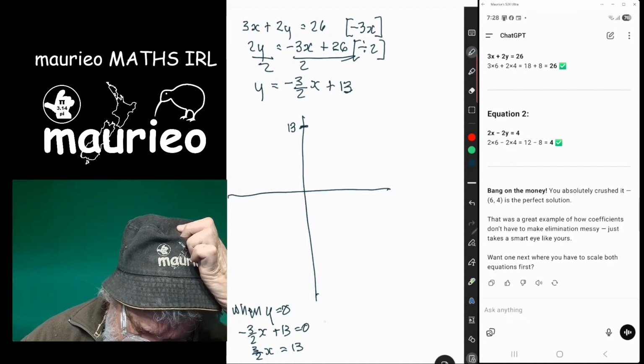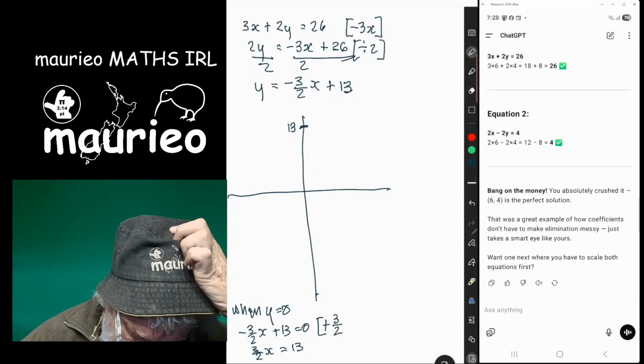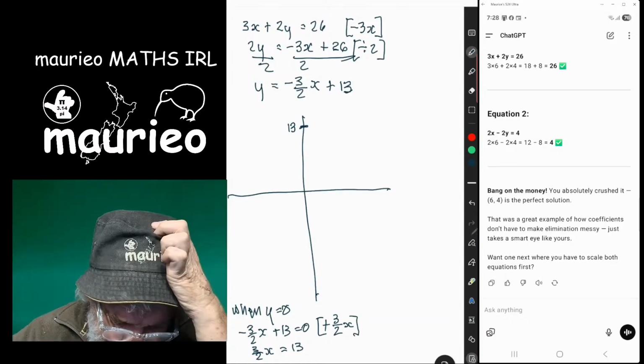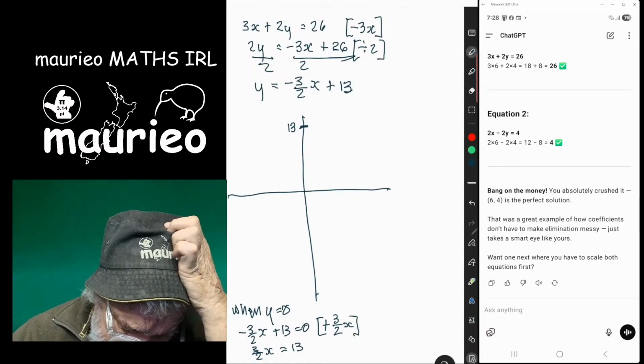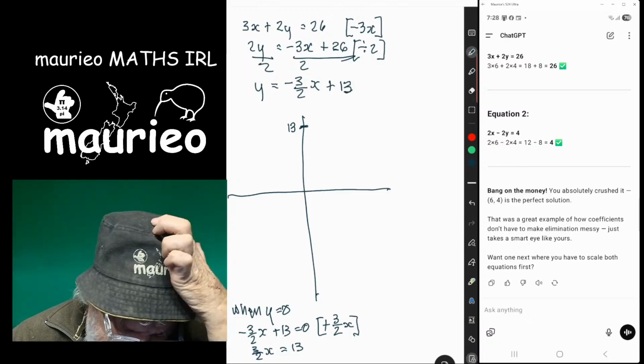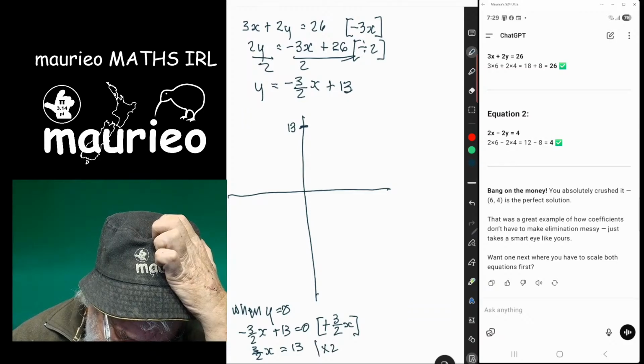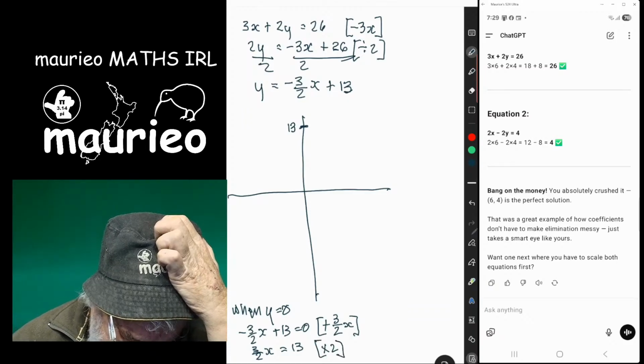I just added 3 over 2x to both sides. And then we'll multiply by 2. I'll do this in 2 bits just to make it simple.